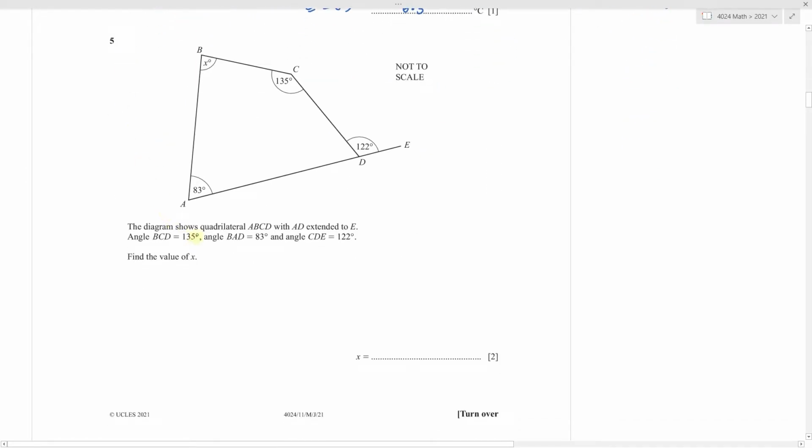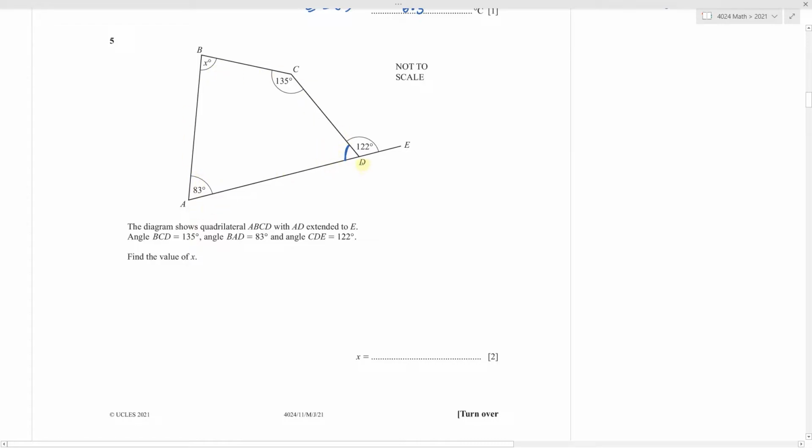Question number 5: The diagram shows a quadrilateral ABCD with AD extended to E. So that means ADE is a straight line. These angles are given. Find the value of X. So first we need to find this angle here, and then we can find the value of X by adding all the angles of this quadrilateral ABCD.